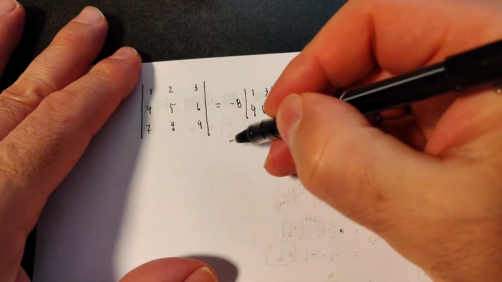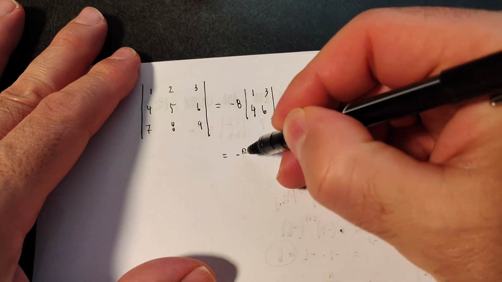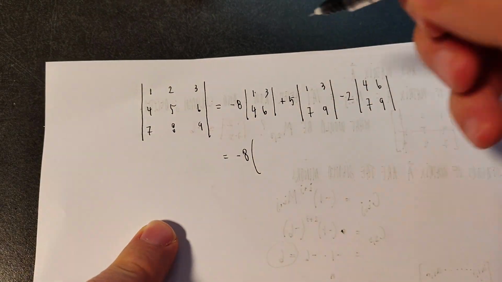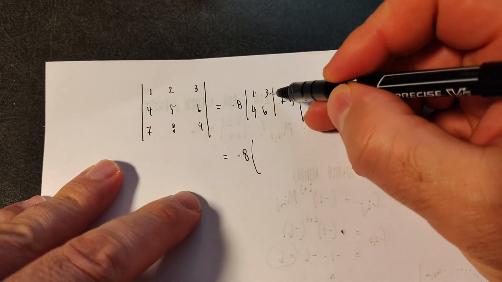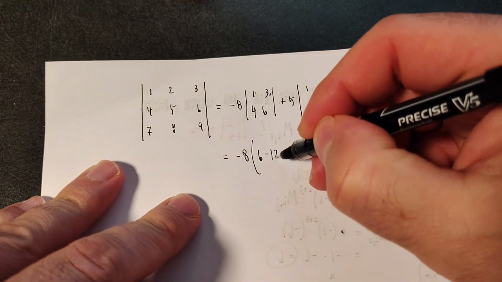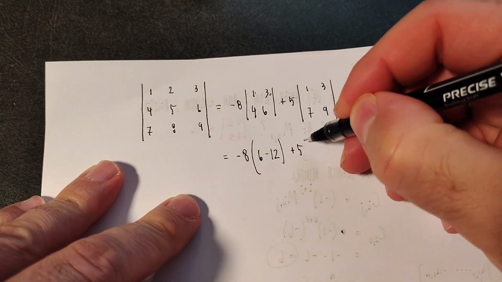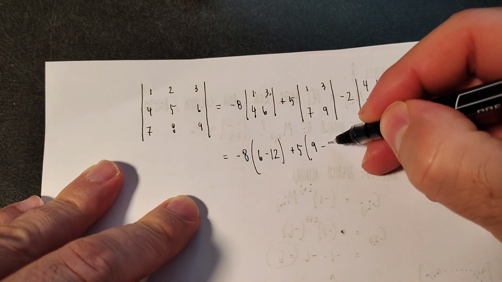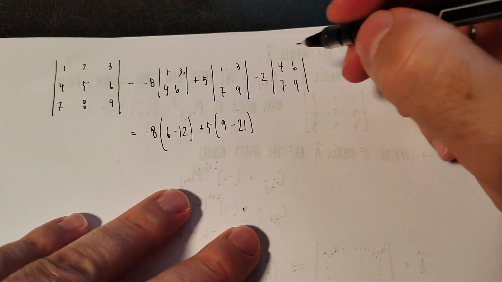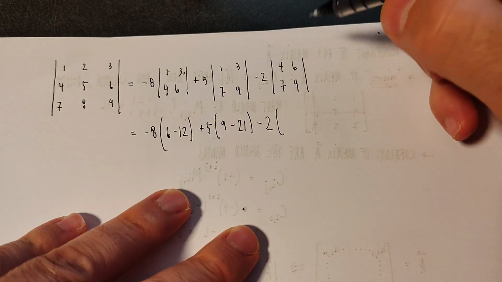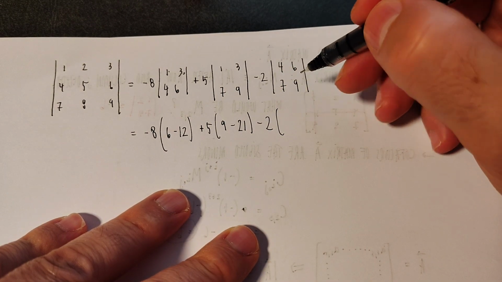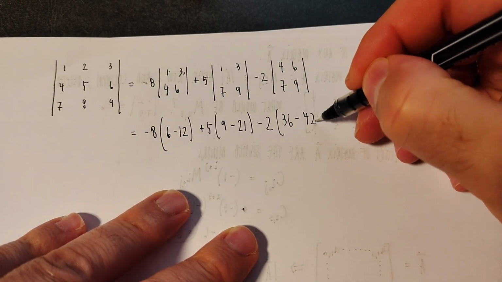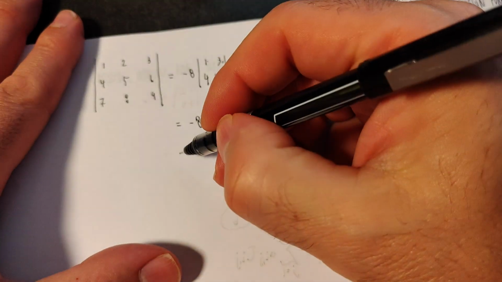Okay, so let's do this here. So that's equal to negative 8 times 6, make sure I do this math right, 6 minus 12, all right, plus 5 times 9 minus 21, minus 2 times 4 times 9 is 36, minus 42. I think I did this right. We'll see.